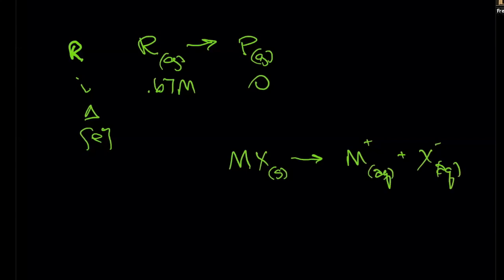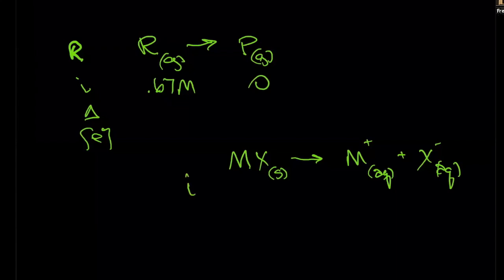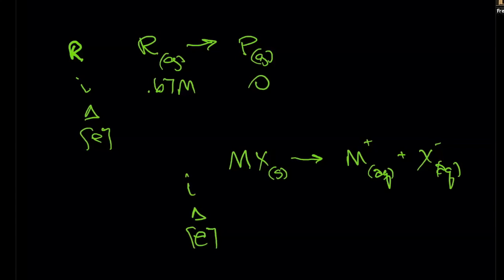And let's say that we have an initial, a change, and an equilibrium condition. Well, for a solid, there is no concentration. So it's just a solid, so we can just put solid here. Because remember, a solid is not involved in the mass action expression, so we don't write down the concentration.